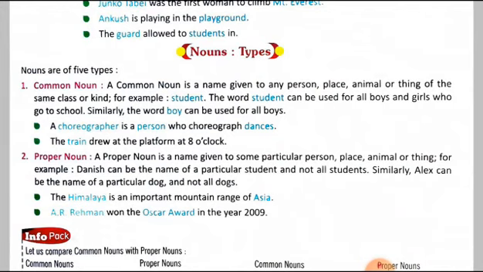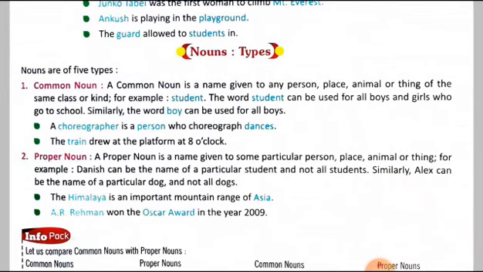Now proper noun. A proper noun is a name given to some particular person, place, animal or thing. For example, Danish can be the name of a particular student and not all students. Similarly, Alex can be the name of a particular dog and not all dogs.